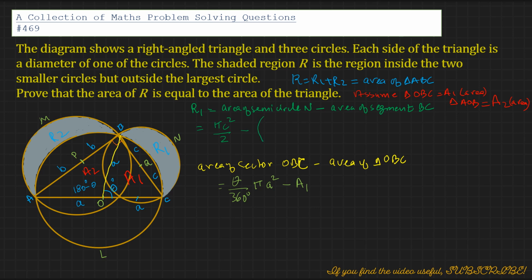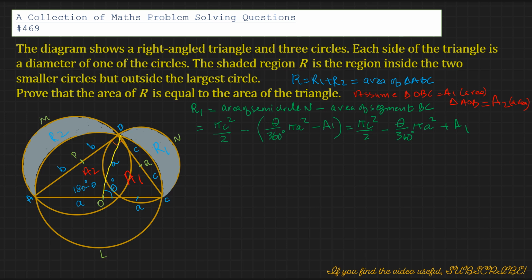Theta in brackets, of course, out of 360 degrees times pi a square minus A1, and that equals pi c square out of 2 minus theta out of 360 degrees times pi a square plus A1, removing the brackets. And once we get that, now similarly we are going to write what R2 should be.